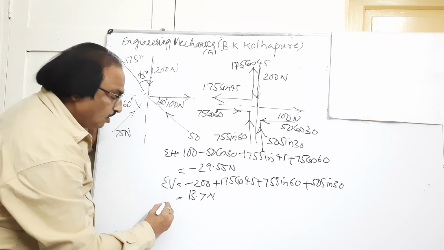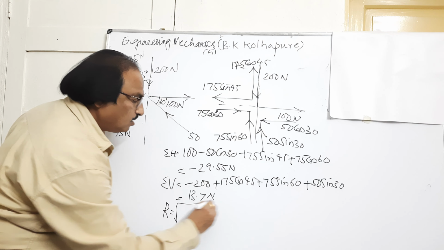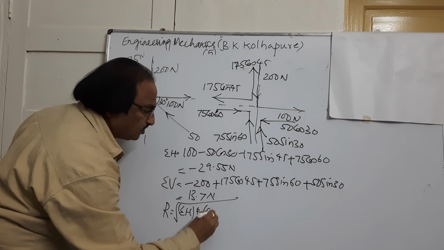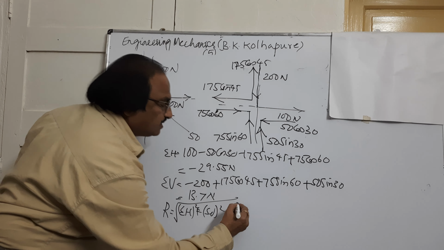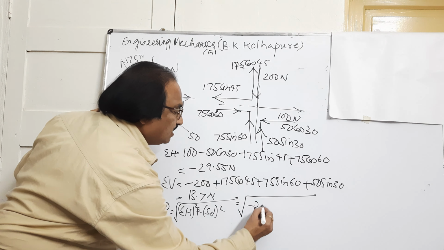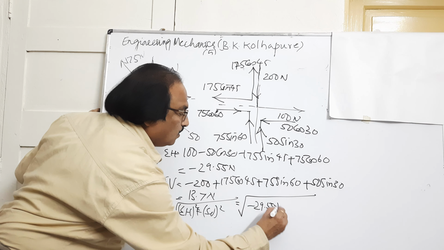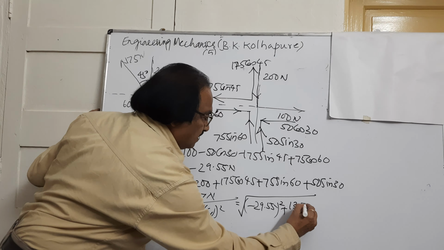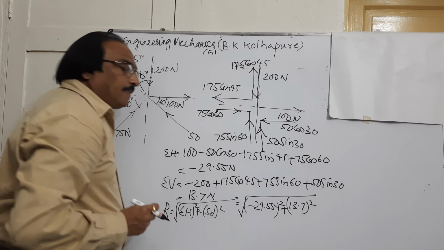Use calculators. So resultant is given by under root sigma H square plus sigma V square. So if I simplify the values, under root of minus 29.55 square plus 13.7 square.